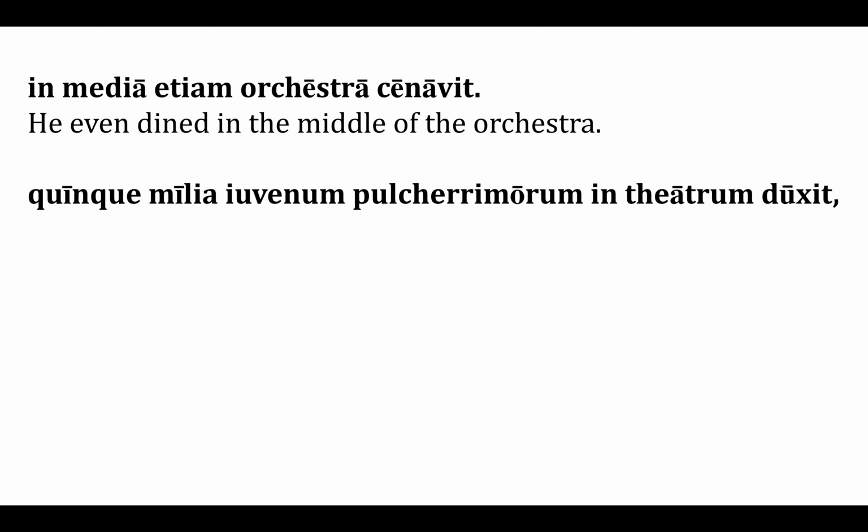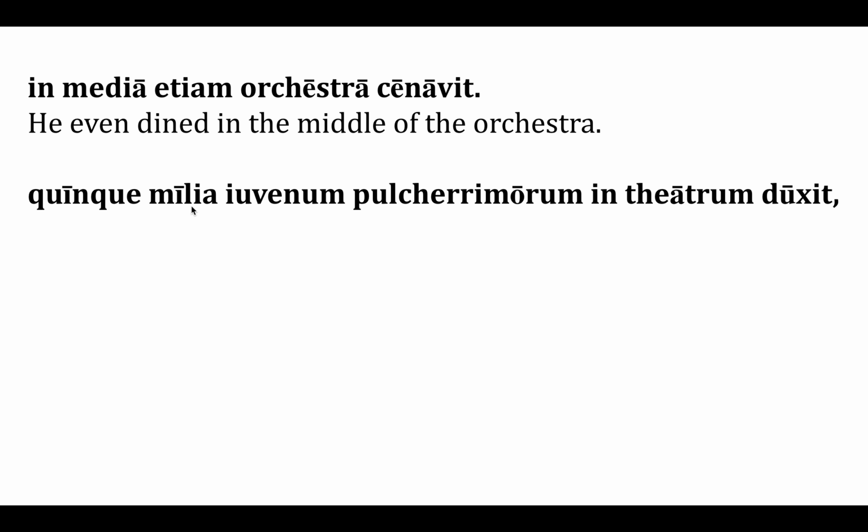Now, the big question here is, are these young men the subject or are they the object? So what you need to do is look at the main verb, duxit, and notice that it's singular. He, she, it, led. So since the young men are plural, they cannot be the subject of the verb duxit. The subject must still be he, and then the 5,000 are the object.